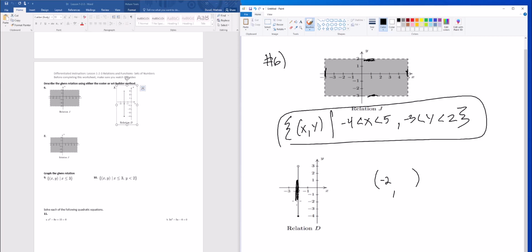I don't see any other x values, but for my y, there are multiple y values. And then it seems like my y starts at -4 and ends at 3. So my y starts at -4 inclusive and ends at 3 exclusive.